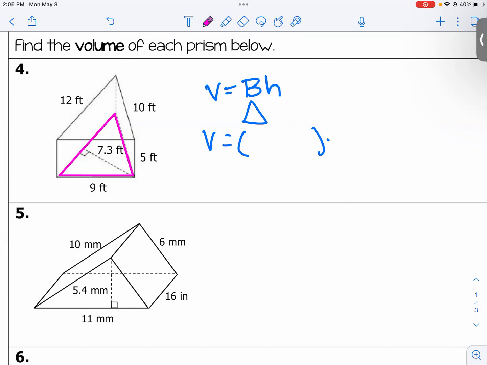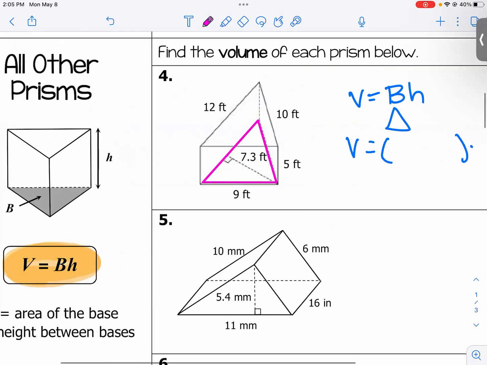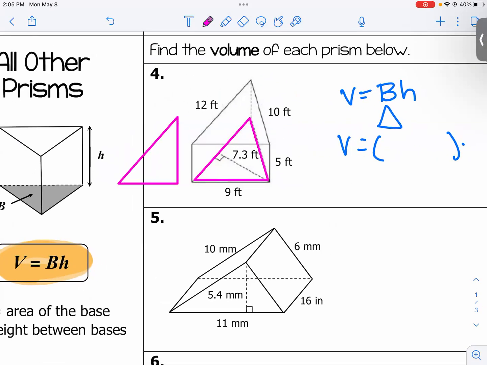You can't assume in math. Okay, so let's maybe do this, Zach. Let's maybe take our triangle, and it looks like there's this right here that is labeled 7.3. Do you see that?